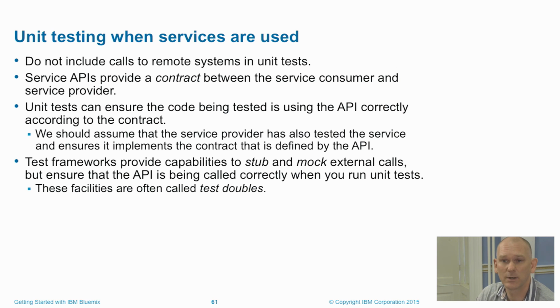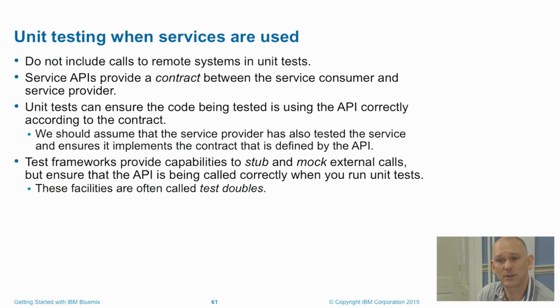As a consumer, you are going to write code to that API contract. When you unit test, what you need to do is just test your code is sticking to that contract. So I don't care about whether the call works or not. I'm just checking that I use the API and stick to the contract.